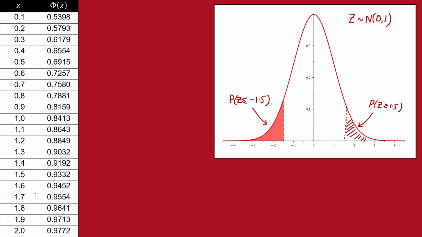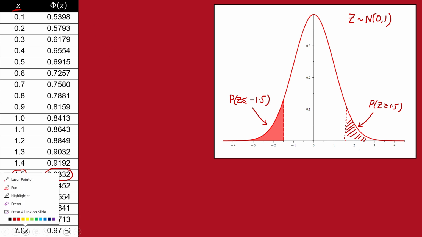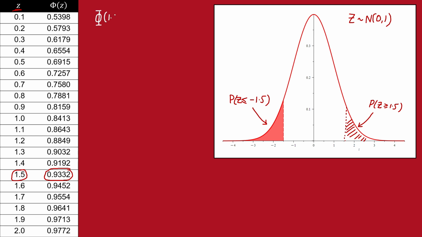So I've got an extract from the normal distribution tables here, and what we would need to do is look for a z equal to 1.5, and this would give us the probability of randomly observing a z which is less than or equal to 1.5, which would give us a probability, phi of 1.5, equal to 0.9332.